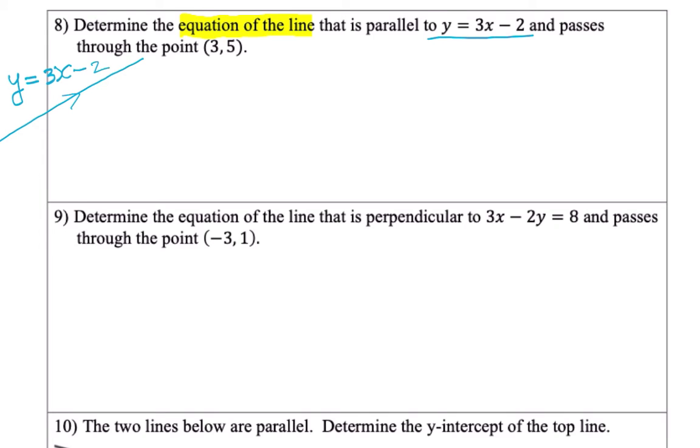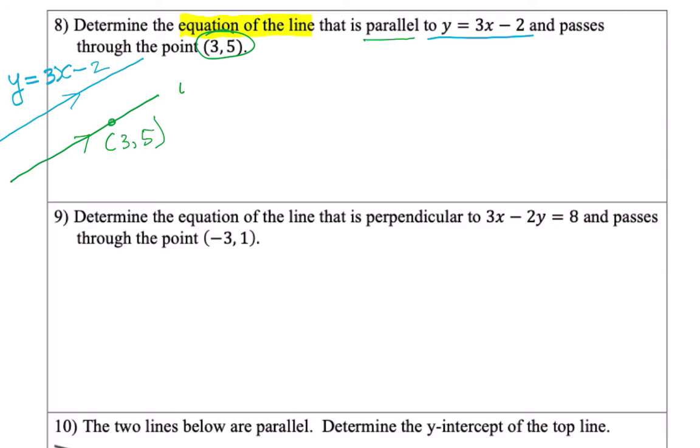And there is another line which is parallel to the first one and passing a point with coordinates 3, 5. And we are supposed to figure out the equation of the second line, the green one.